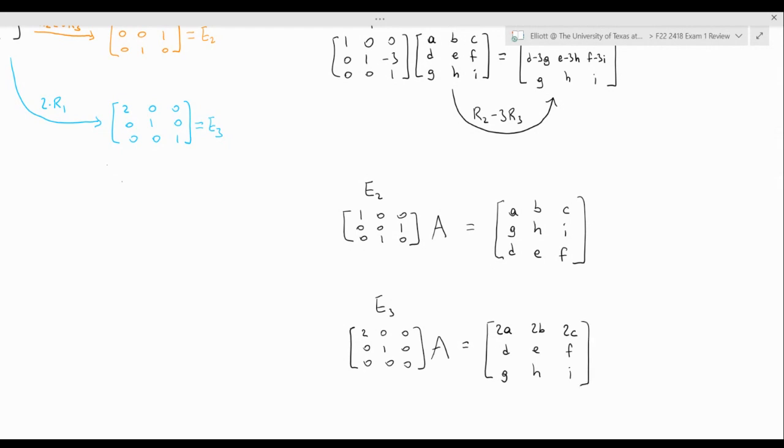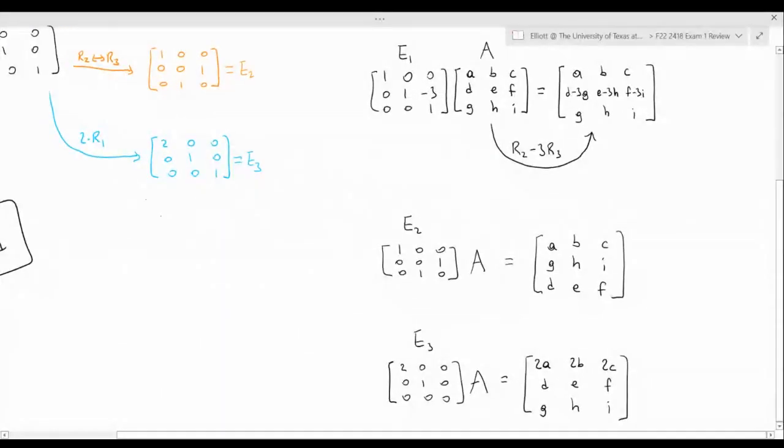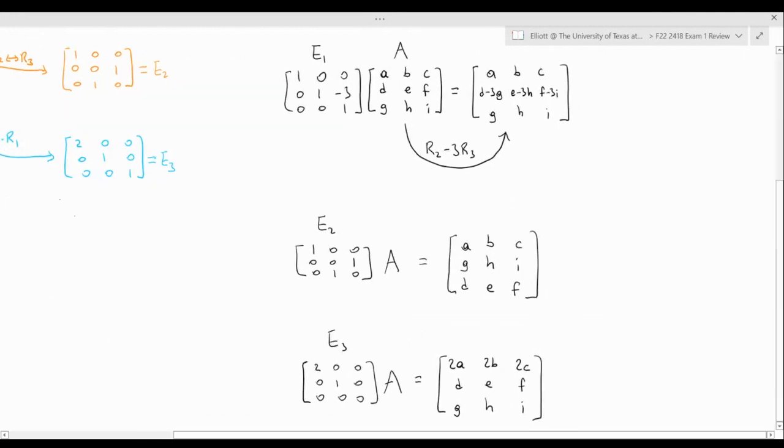Okay. And multiplying row 1 by 2, that was the elementary row operation that corresponded to the elementary matrix E3. Okay.